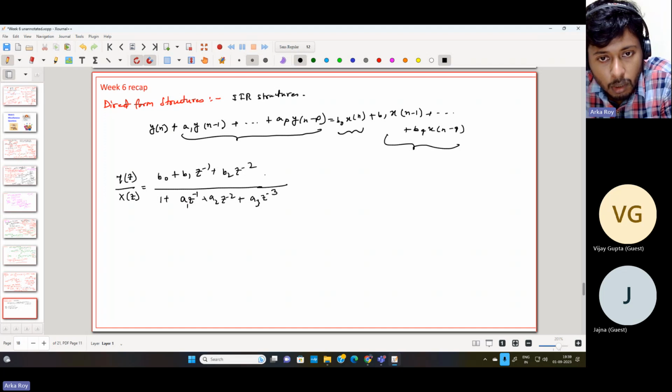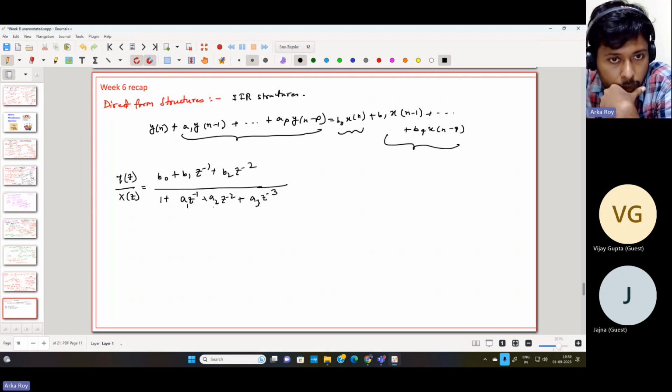Now, for this particular operation, what could be the structure of the filter that we have to visit? So we need to see what the direct form structure is.